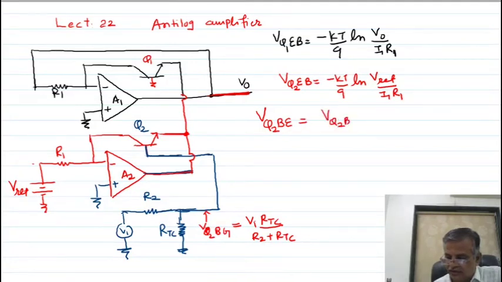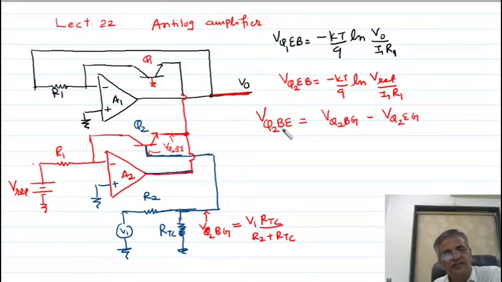The voltage of transistor Q2 base with respect to emitter is nothing but the base voltage with respect to ground minus emitter voltage with respect to ground. See, I am talking about this voltage. This is your voltage Q2 base emitter. So base potential minus emitter potential gives you the base emitter potential difference.